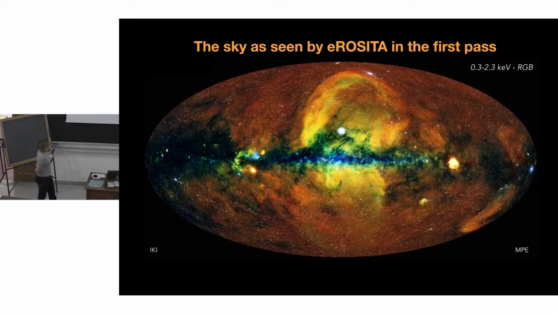The red indicates sources that are bright in the soft X-ray band. When you have dust, gas, material obscuring the soft part of the spectrum, then you see the hard sources, just to give you an idea. This structure here that you see, just because it's fascinating, is the residual of the jet that was coming from our black hole.